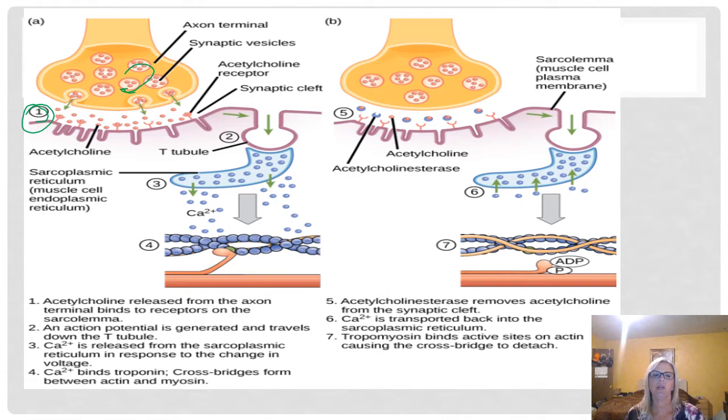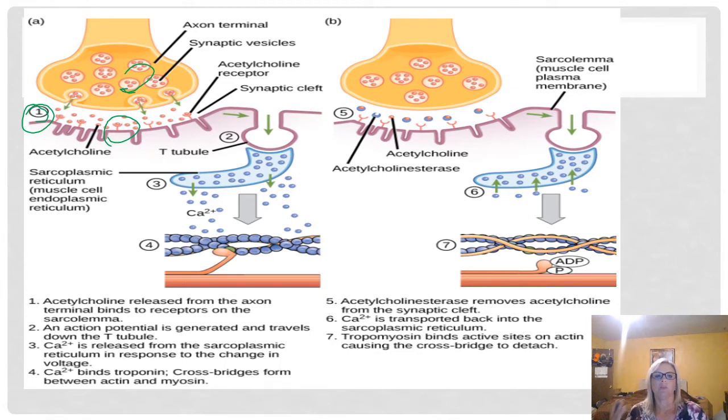That's your acetylcholine. So they're going to go to the membrane at the end of the axon, release the acetylcholine into the synaptic cleft, which is that gap, that moat around your castle, okay? And then they're going to dock or bind to these little receptors here on the sarcolemma of the muscle, all right? So that is the first section.